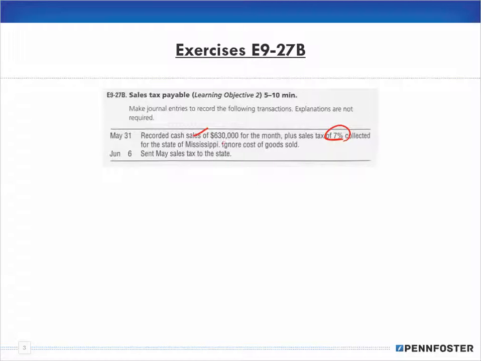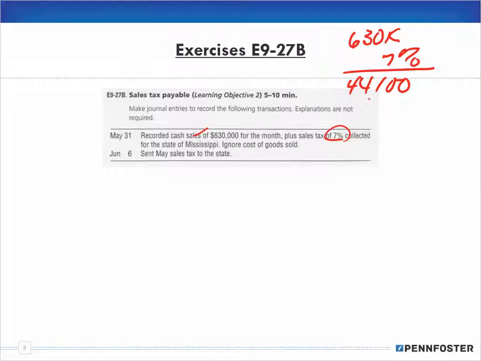Okay, so this chapter is on liabilities. It seems relatively simple here. If I have $630,000 in cash sales at 7%, that is going to be $44,100 in sales tax.